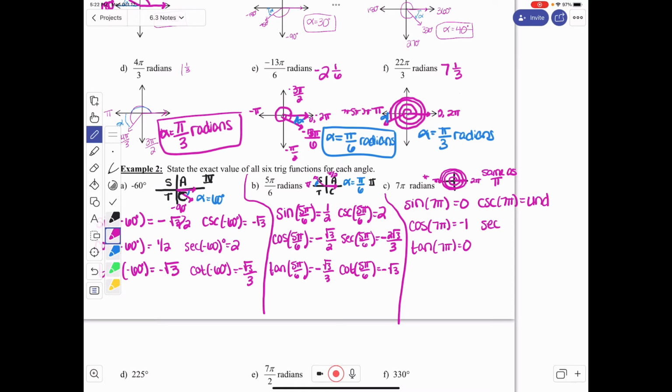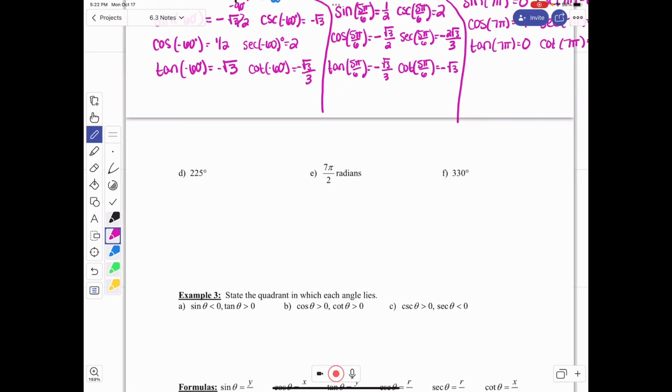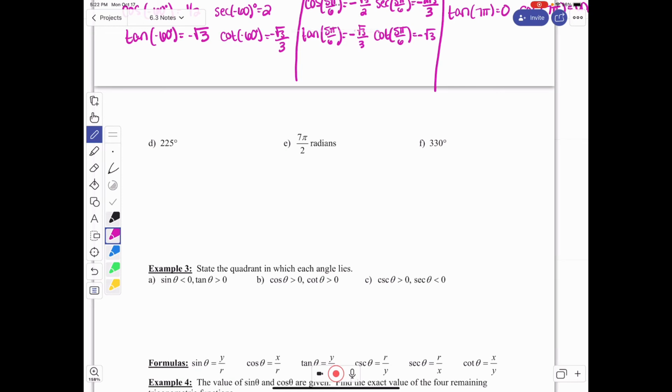The secant of 7 pi is -1. And the cotangent of 7 pi is undefined. For all these, we're just looking up on the trig chart the sine of pi, cosine of pi, and so on.